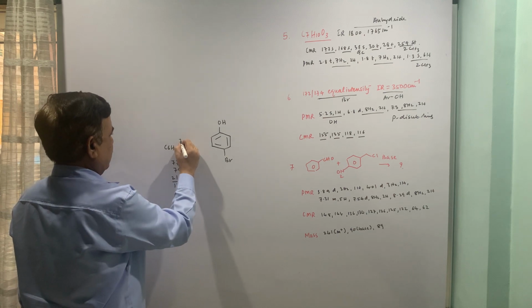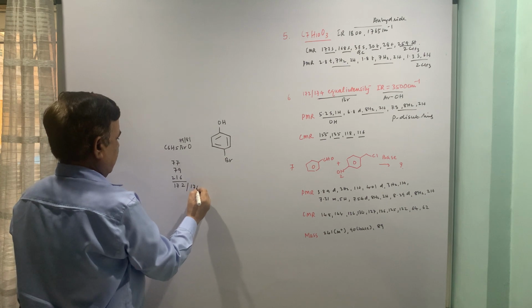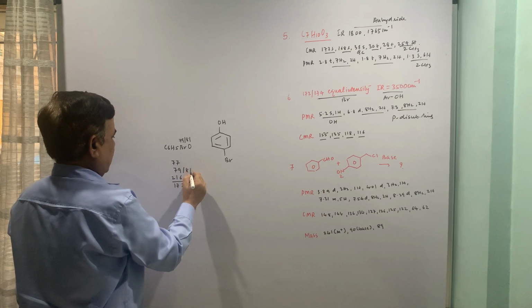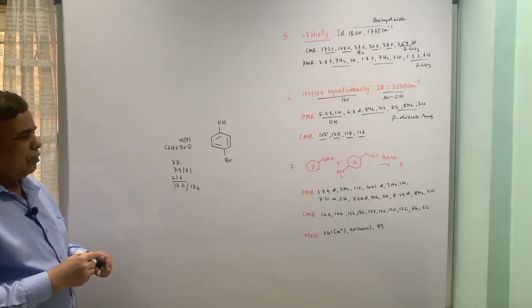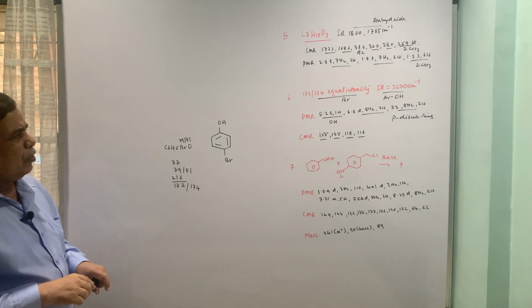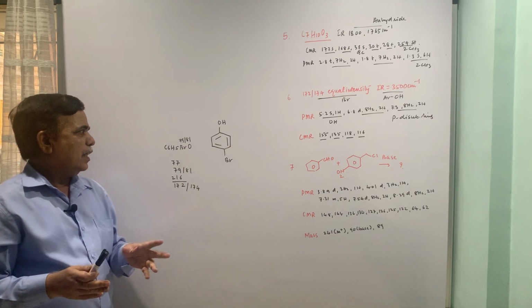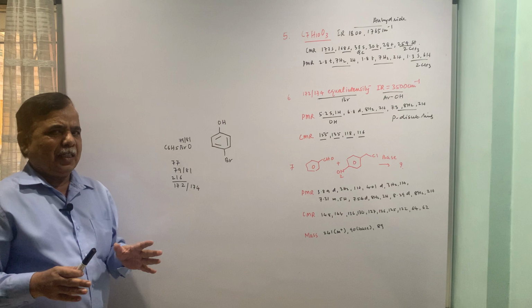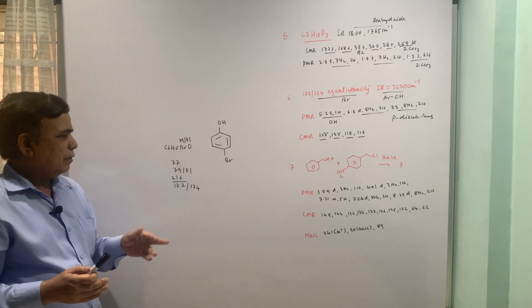And this may be 79 or 81, accordingly it will be either 172 or 174 in the mass spectrum of the compound. So equal intensity, because in bromine 79 and 81 both have equal abundance, so the average weight is taken as 80.